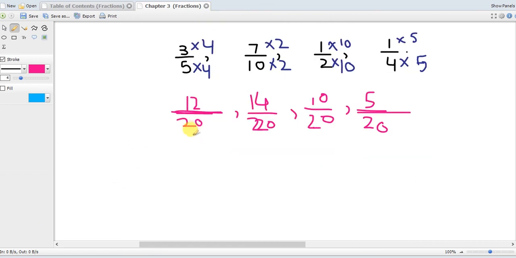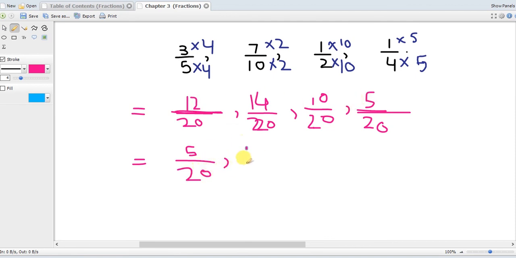Okay. Now since all these denominators are the same, you can just focus on the values in the numerator. So now see, what is the smallest number? 5 is the smallest number. So this will be our first fraction, 5 over 20.